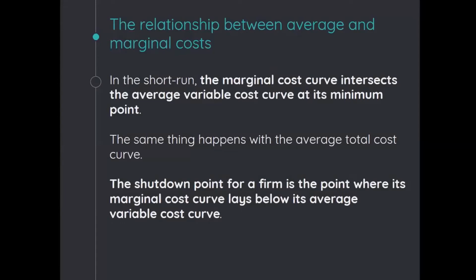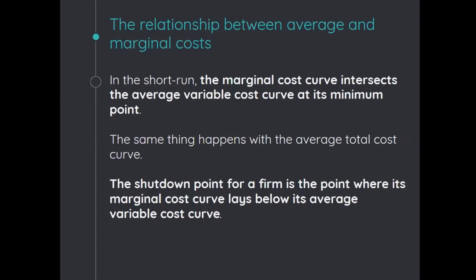So let me show you a little bit of this. This is what we were discussing. In particular, the point at the bottom of the screen that reads the shutdown point. This is a very important place because it is the point where you decide to stop producing. Understanding that can help save a firm when it's losing money, because if the price goes too low, every unit you keep producing will only mount up your costs.